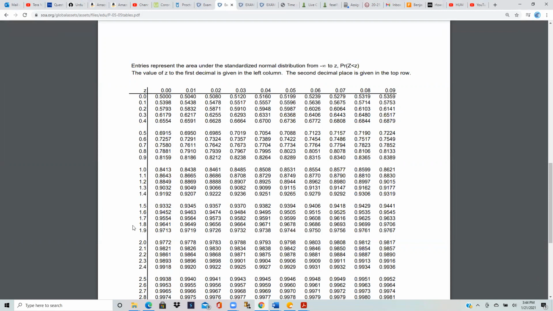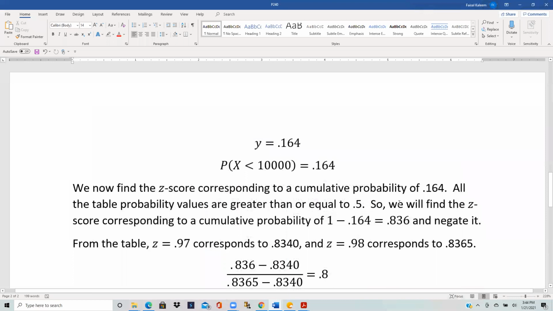So to find the z-score for probability of 0.164, we have to look at the complement of this probability and find the z-score for the complement, and then the z-score that we are looking for will be the negative of it by the symmetry of the normal curve. So 1 minus 0.164 is 0.836, and we go about finding the z-score for 0.836.